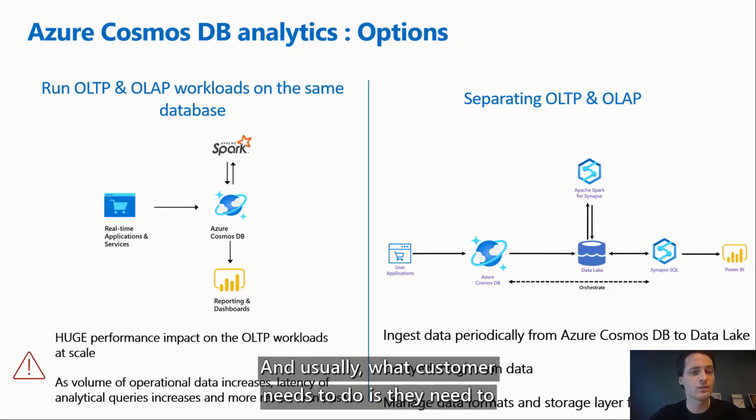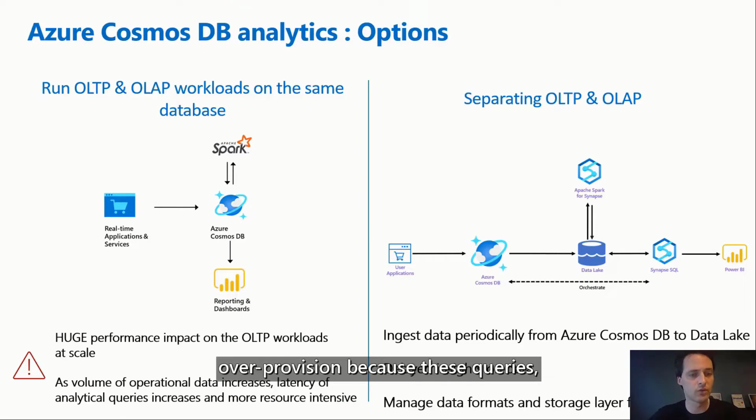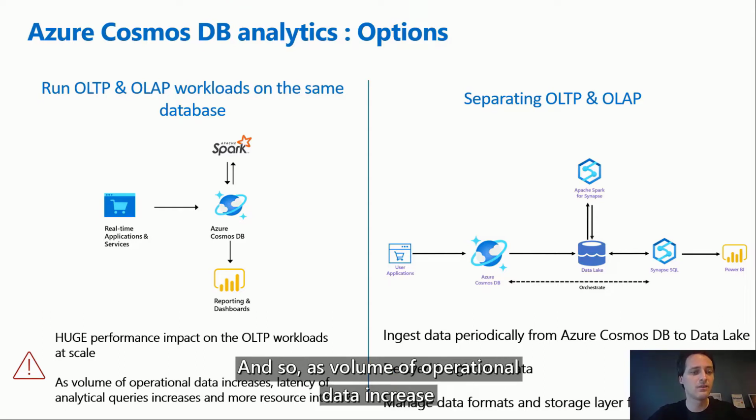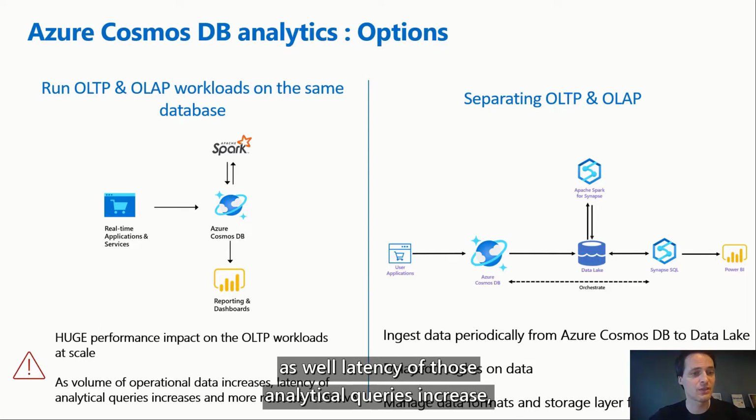So usually what customers need to do is over provision, because these analytical queries are not only expensive, but also unpredictable when they happen. And so as the volume of operational data increases, the latency of those analytical queries increases as well, and you need to provision more and more resources.